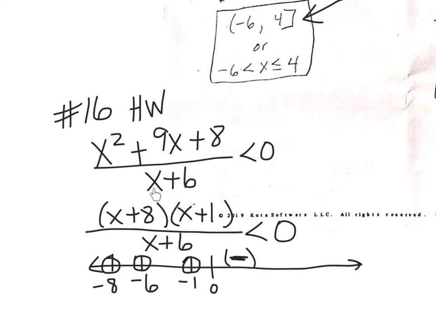Then down here, when I put in a -2, I get -2 plus 6. Well, that's a positive 4. So I get a negative over a positive. Well, that's negative. So since I'm going to get a negative number when I plug a number from in here, that's going to be part of my shaded region, because this is where the negative happens. Oops, the 0 region is positive. Sorry about that. All right, this is negative.